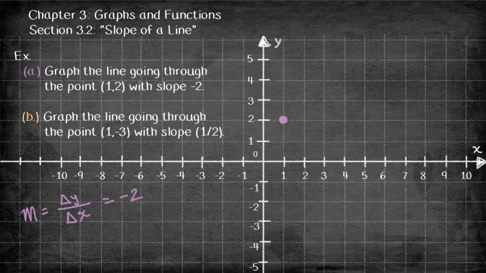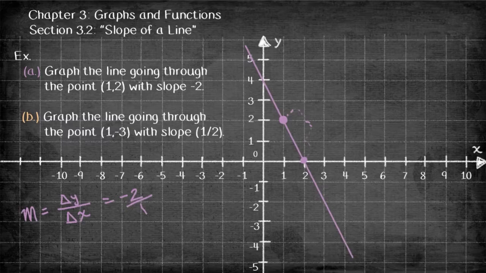Super easy way to do this: just make it over 1. So this means for every 1 unit to the right I move, I go down 2 units. Right 1 unit and down 2. That's my next point. And voila, I have my line.